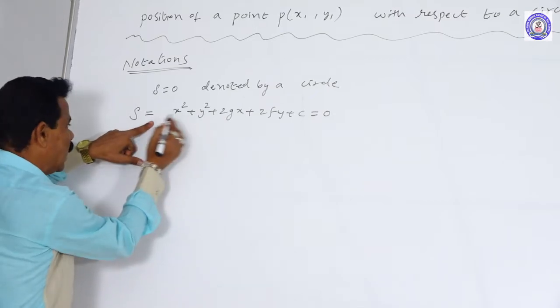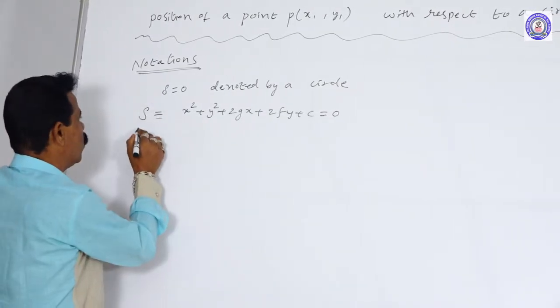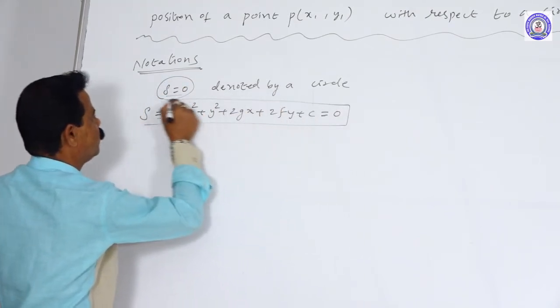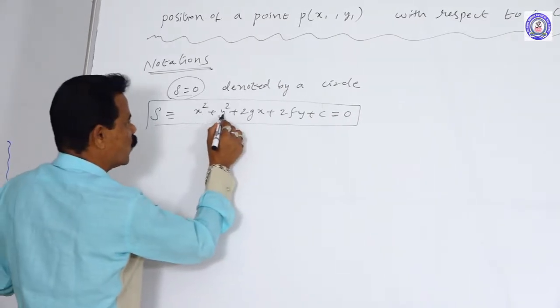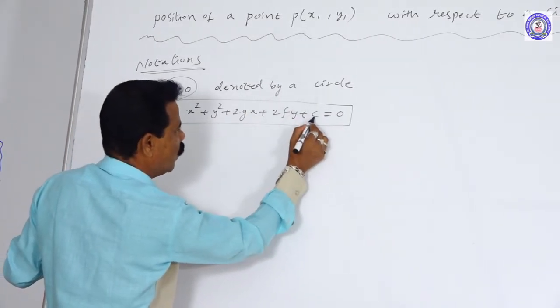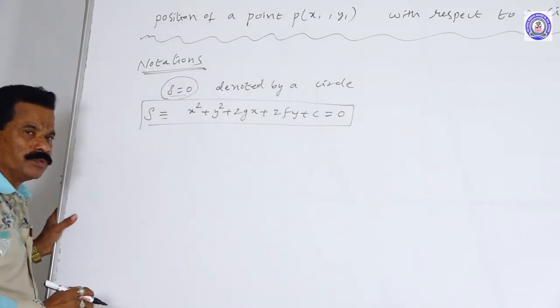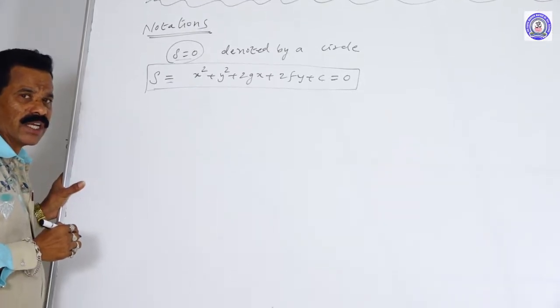Here, if we write it like this, S = 0 means this total equation. So finally S means x² + y² + 2gx + 2fy + c, and S = 0 is the representation of a circle.